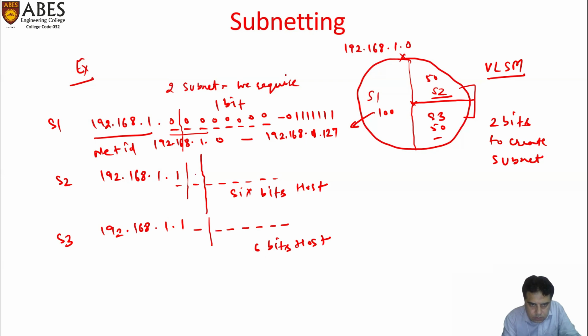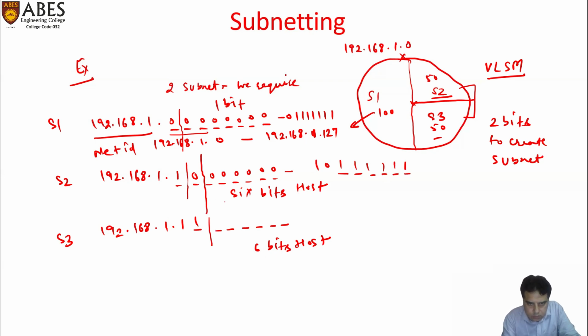So this is 1 0 and 1 1. The minimum is all zeros in the 6 bits, and the maximum is all ones in the 6 bits.